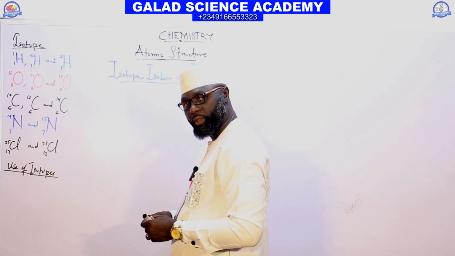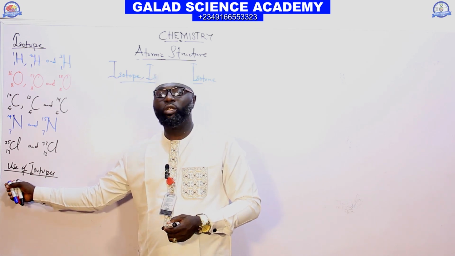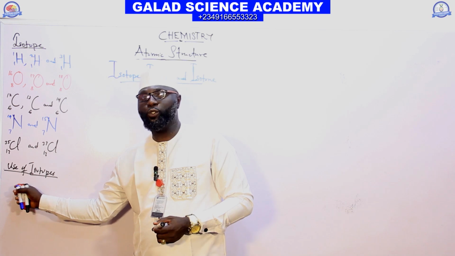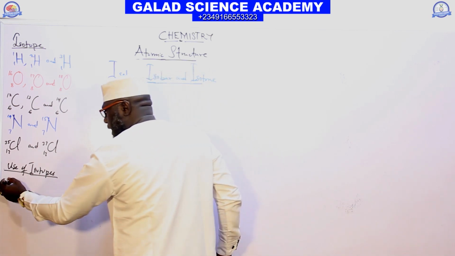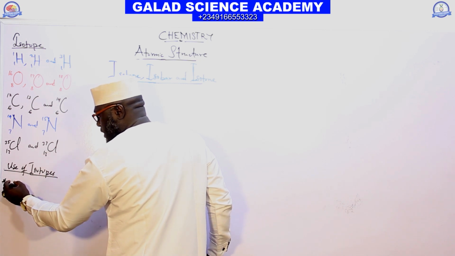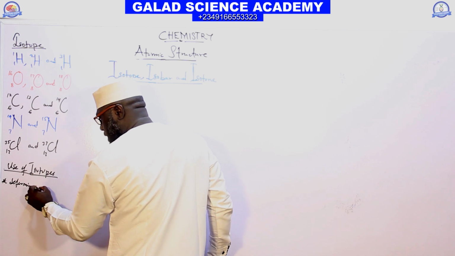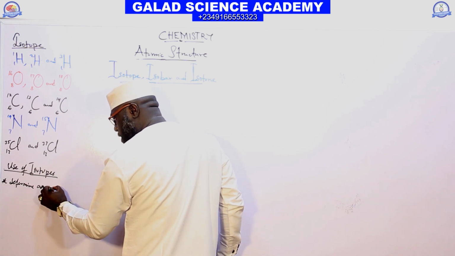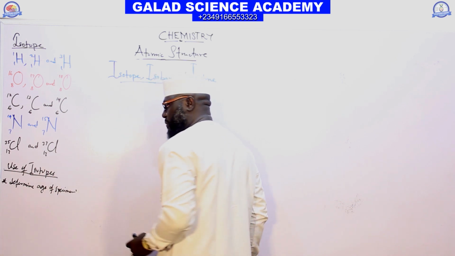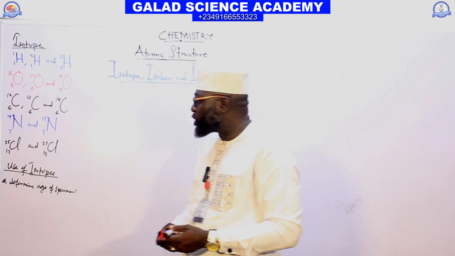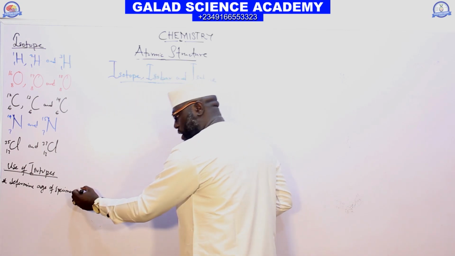Number one, we can use isotope to determine the age of specimen. So we can use isotope to determine the age of specimen, like rock, for example.